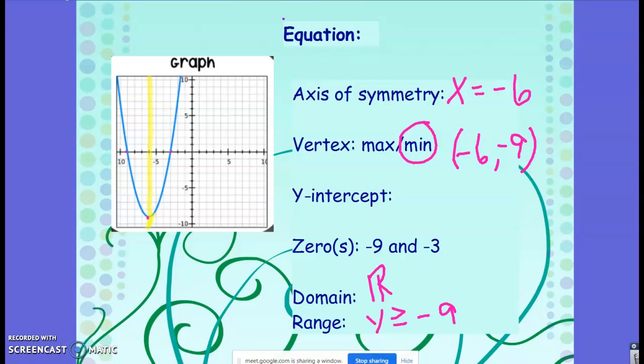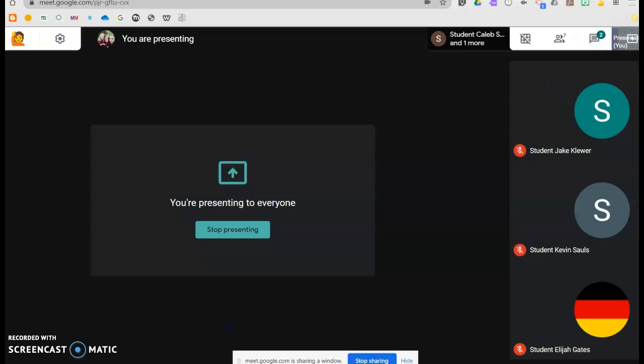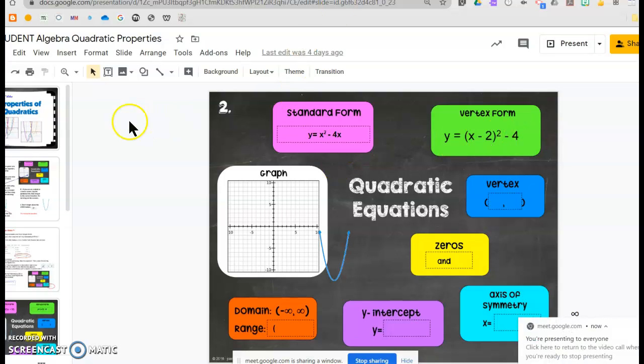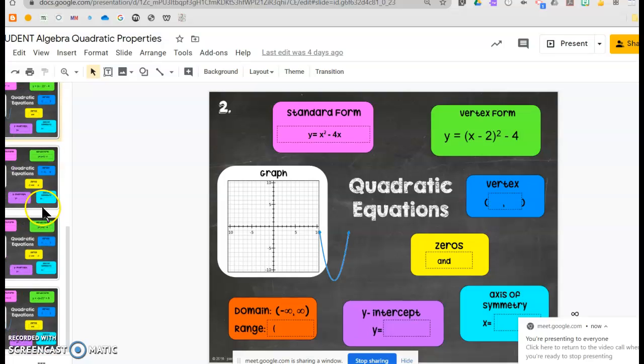So vertex form of a quadratic. We gave you the vertex form in all of the Google work because it's not a standard that you're going to be tested over. So you'll notice on all of your slides that we plugged the vertex form in for you.